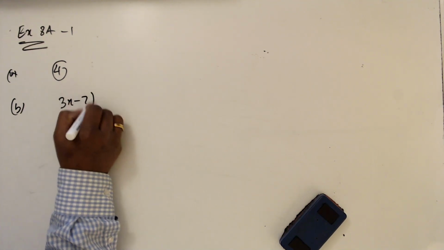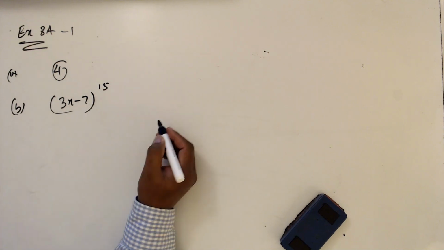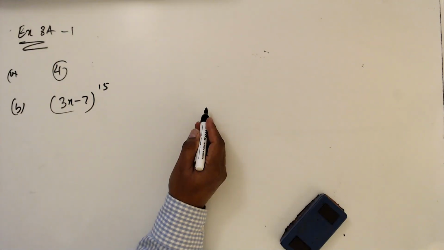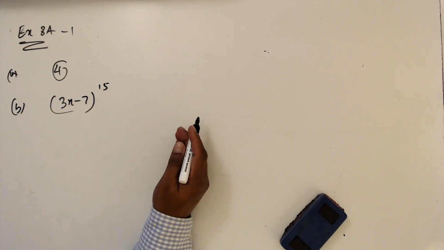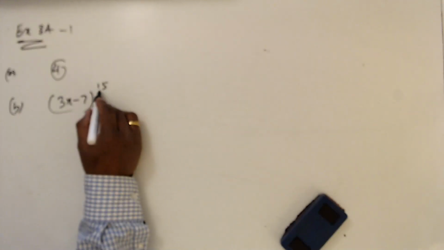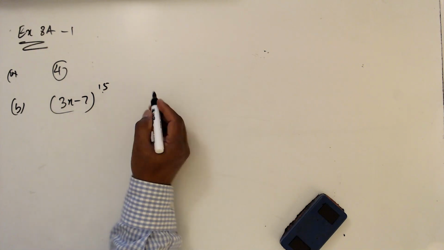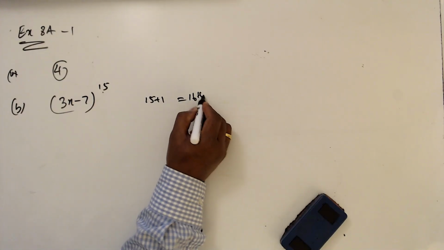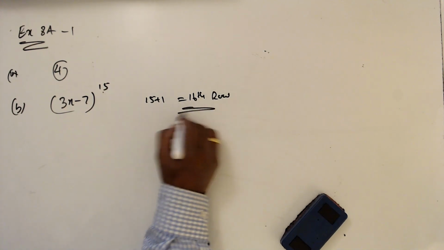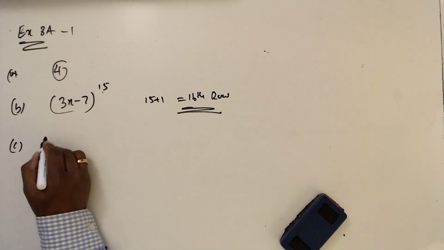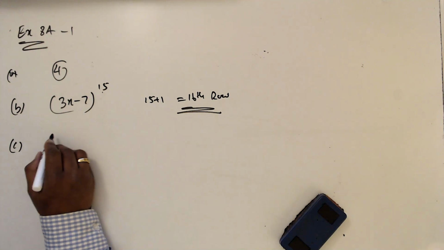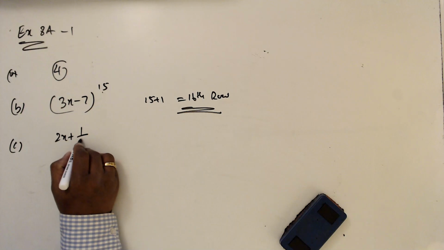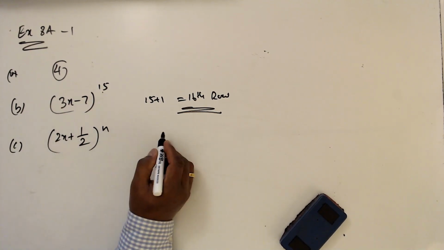Part B, (3x minus 7) to the power 15. When we expand this one, the coefficients we can find from which row? This is 15, so it's going to be 15 plus 1, the 16th row. Part C, (2x plus 1 over half) to the power n plus 4.